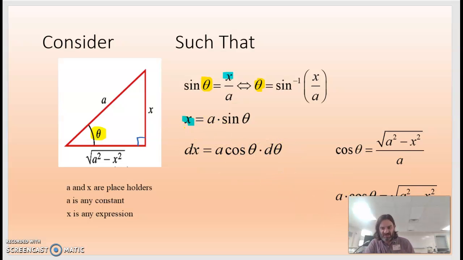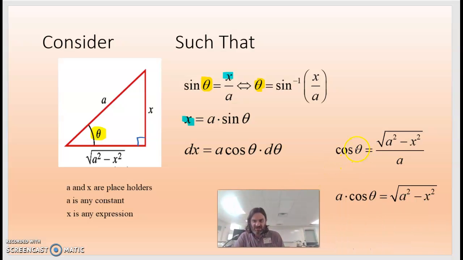Now one more thing down here. Cosine theta. If we want to take the cosine of this angle, it would be adjacent over hypotenuse. So that's the square root of a squared minus x squared all over a. And what we're really going to be focusing on in the long run is the square root part.